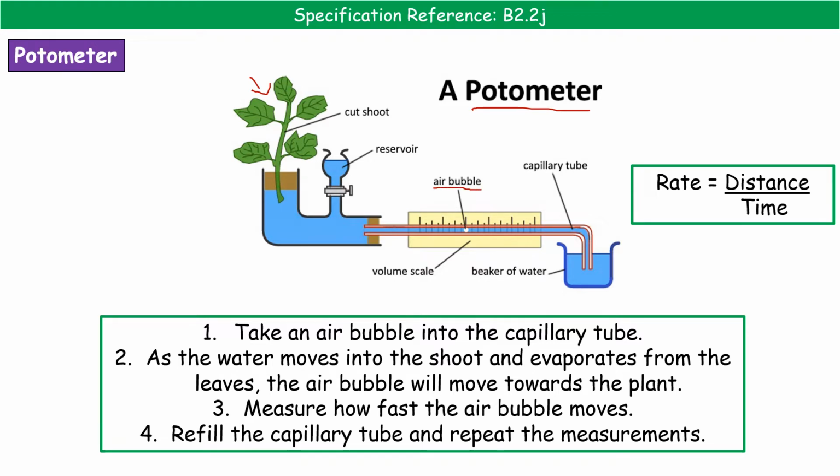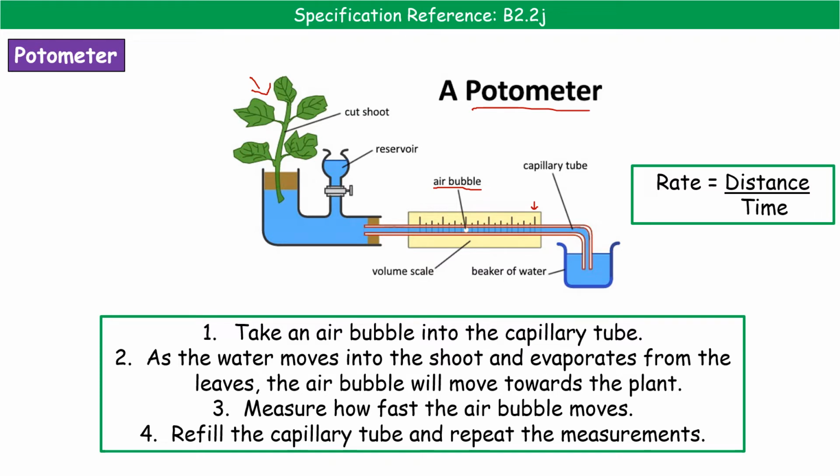At the very start, you line up the air bubble in your capillary tube with your zero usually. If this is our little zero marker, we'd line up our bubble with the zero because there's a little syringe that allows you to move it around.